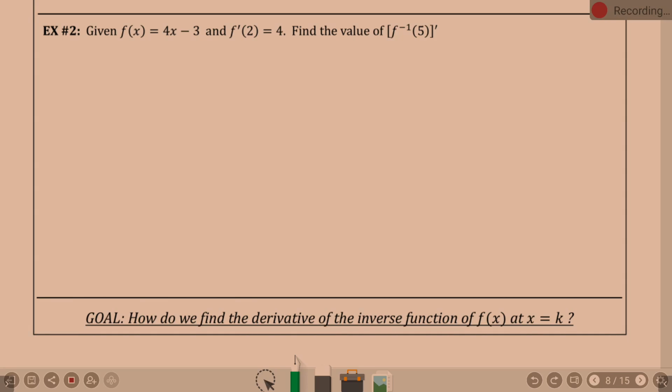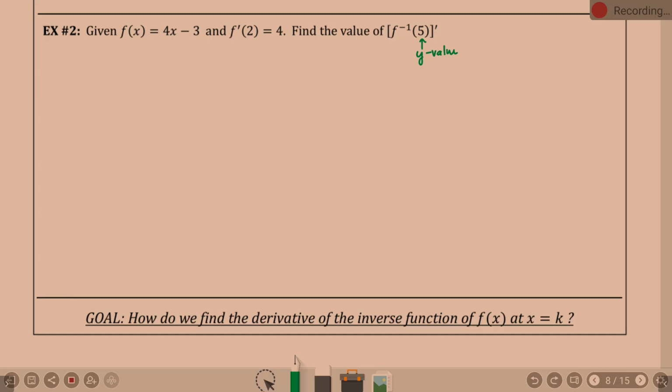So f inverse of 5 is really what type of value? That is the input on an inverse. That's going to be a y value. Does that make sense? Normally on a regular function, an input is x, output is y. On the inverse, it's just the opposite. The input is your y, output is your x.